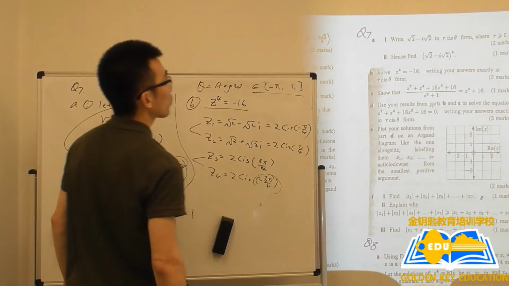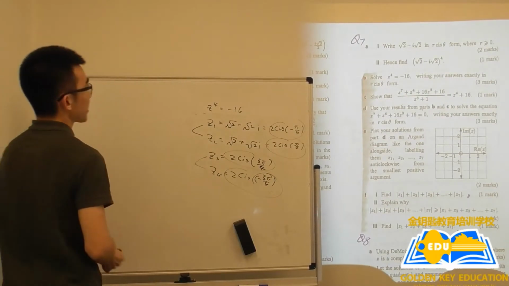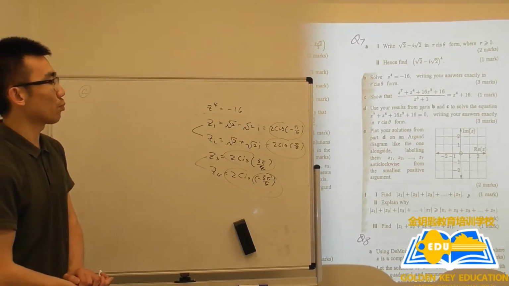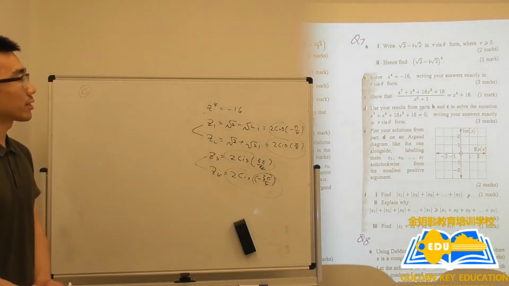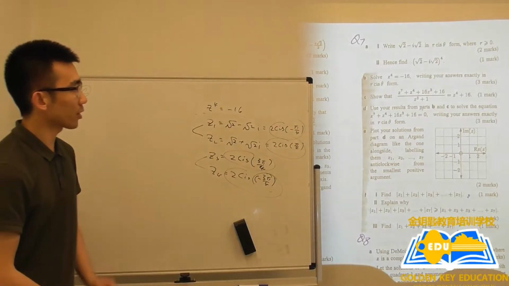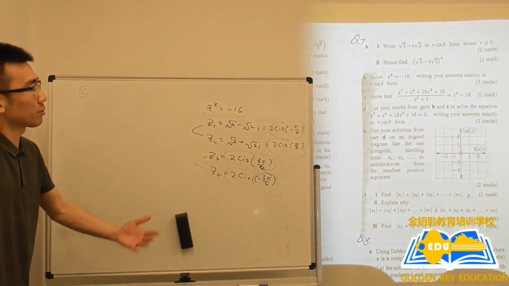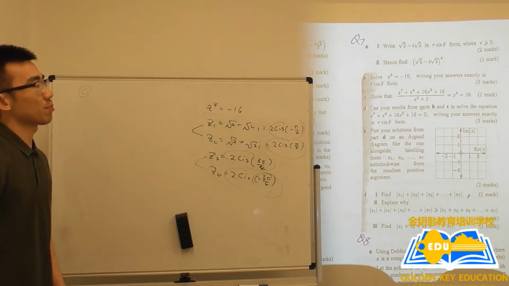Alright, so now we move to question C. Question C, we now have to show the division of two polynomial expressions that equals z to the power 4 plus 16. And be careful, this question has only one mark. So what does this mean? Instead of using long division, or the normal way to show it, we can use multiplication.